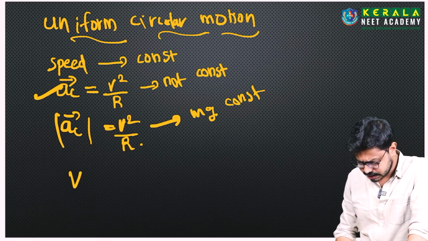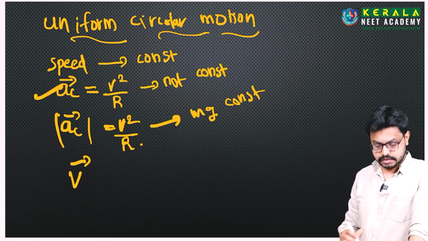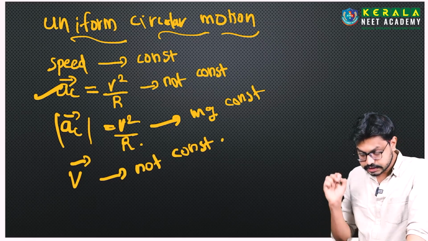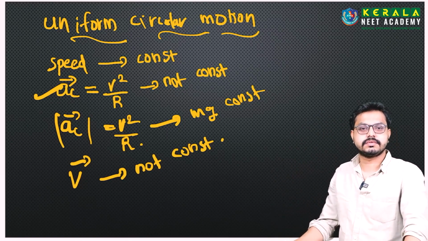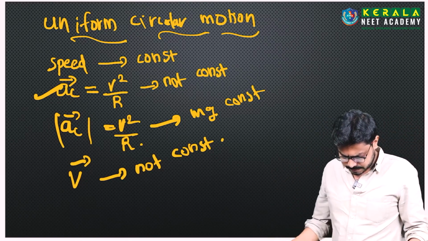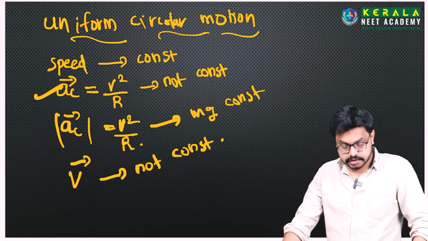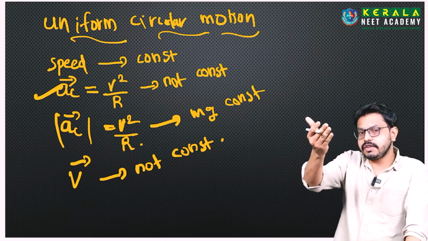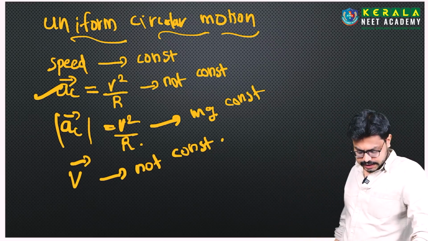Velocity is not constant. If you take the velocity vector, velocity is not constant for a uniform circular motion. Is it clear? Velocity changes in direction at each point. What is the direction of velocity? Tangential at that point. Clear?